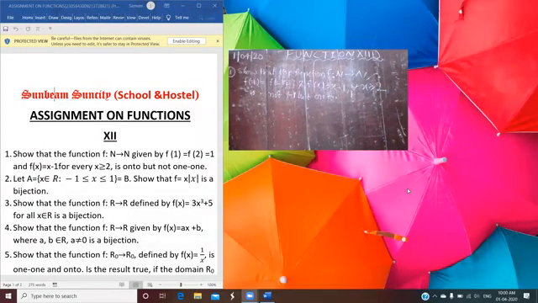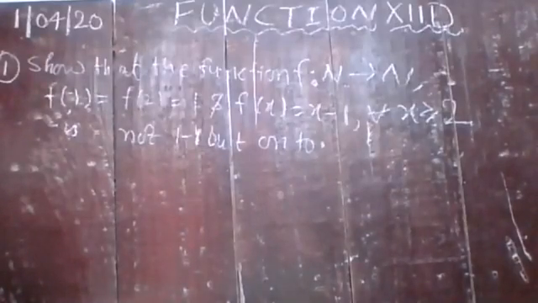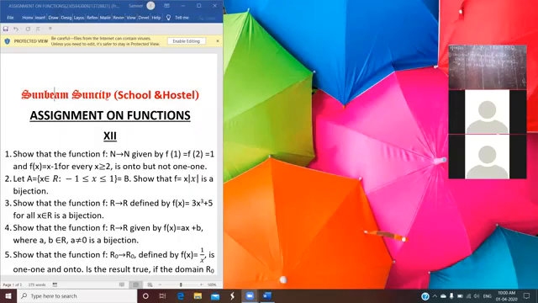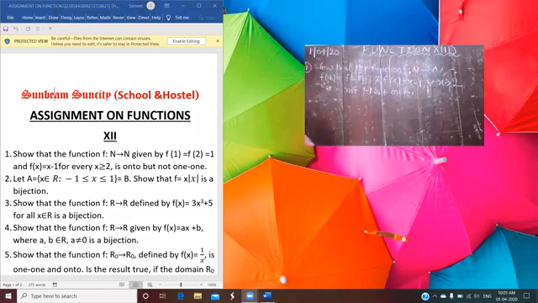We were studying the different types of functions, such as into function, onto function, and bijective function, and also the different ways to prove whether a function is onto or into. We also studied the way to prove a function is one-one.